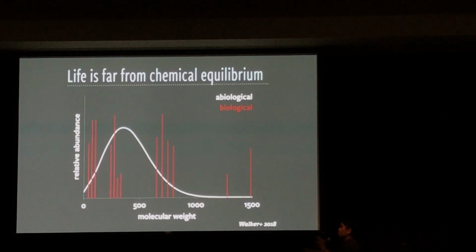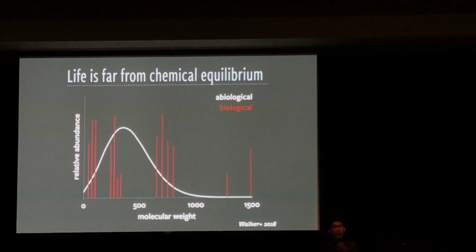And so this, again, is like a mass spectrum with mass on the x-axis and abundance on the y-axis. And in an abiological setting, a setting that does create hydrocarbons and organics, but does so purely under the laws of chemistry, there is a characteristic bell-shaped curve to this mass spectrum, which is determined by the laws of thermodynamics.